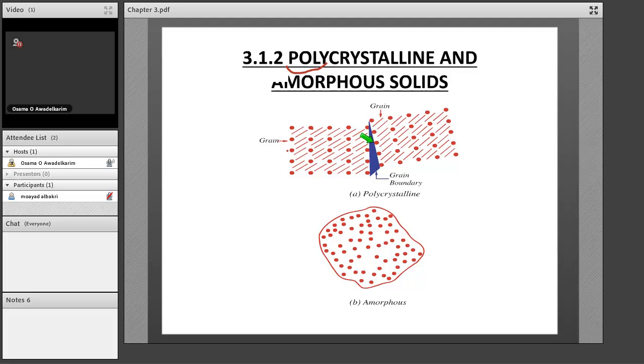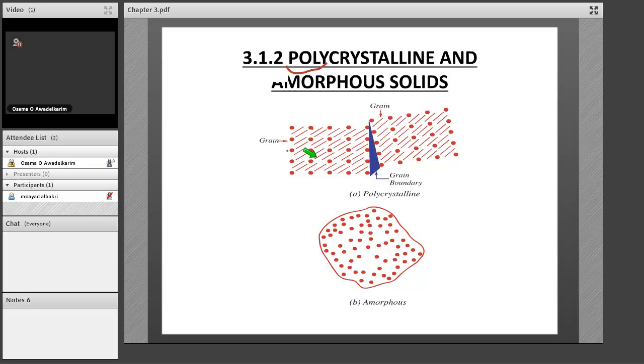So a polycrystal means many single crystals connected by grain boundaries, oriented differently. This is called polycrystalline.